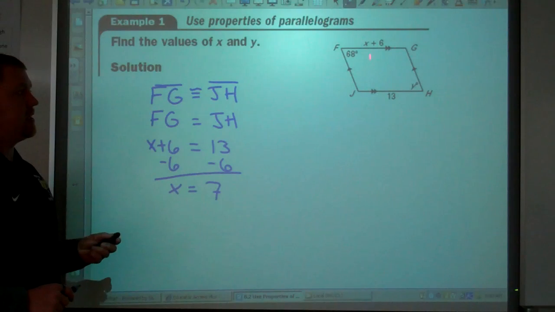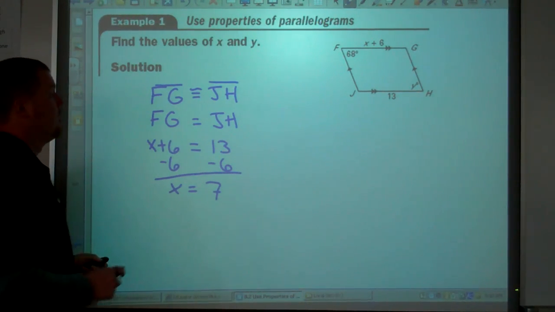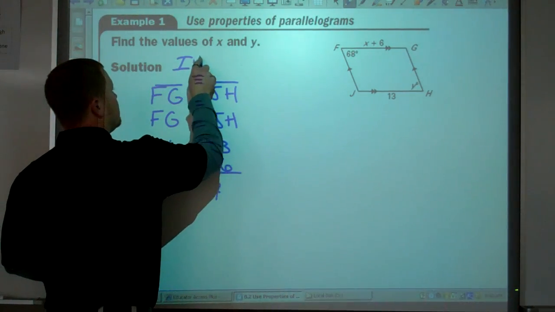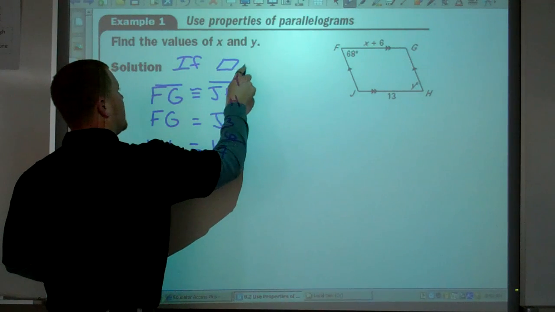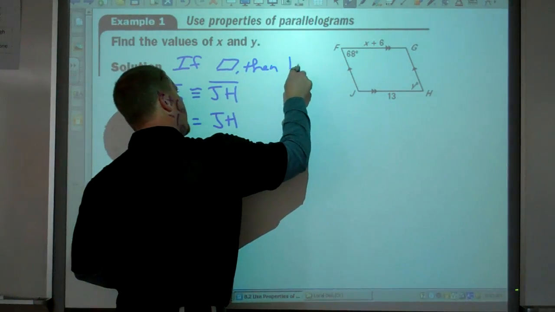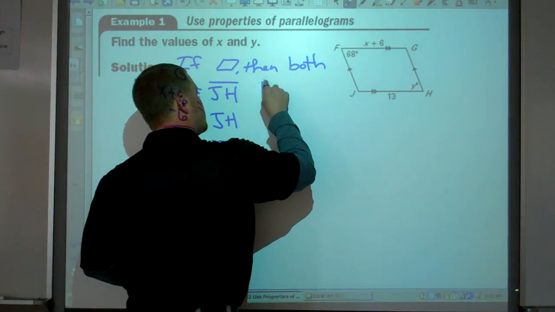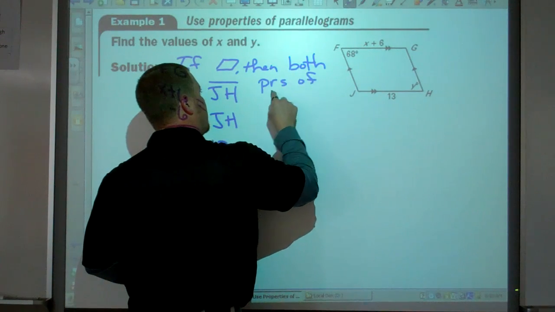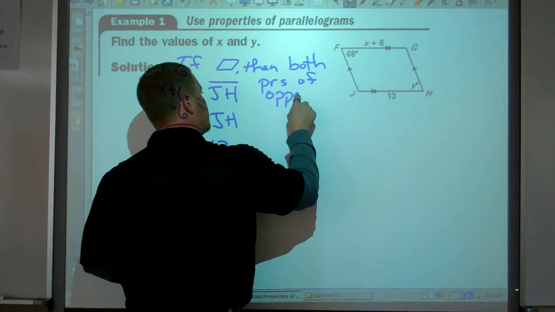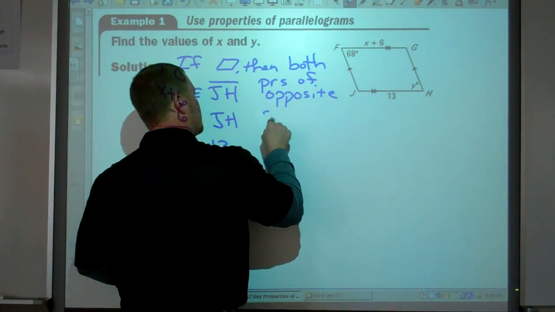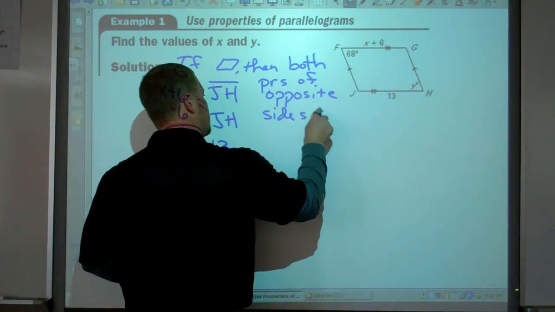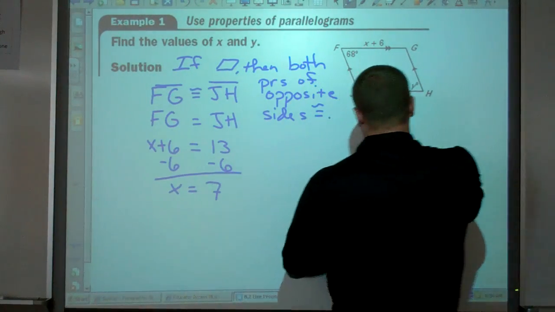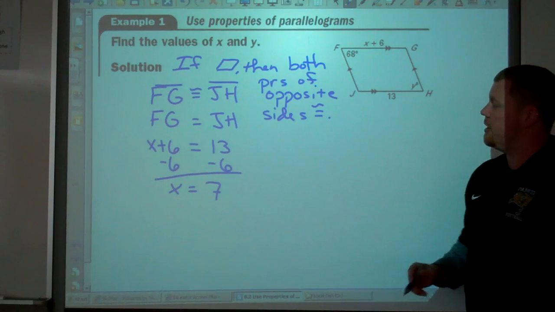Well, because again it is a parallelogram, both pairs of opposite sides are congruent. That supports that equation over here.